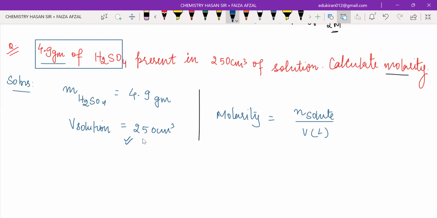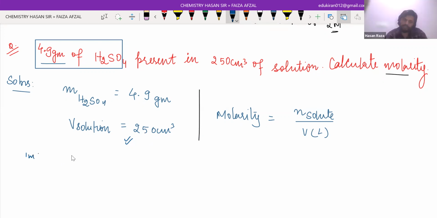Basically, 1 ml is equal to 1 centimeter cube, so to convert it into liter you divide it by 1000. So divide 250 by 1000 and you will get the volume in liter, which is 1 by 4 liter.